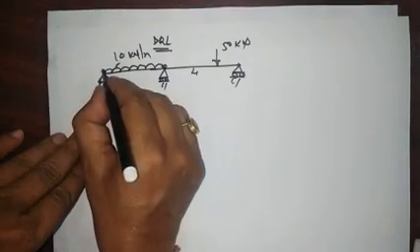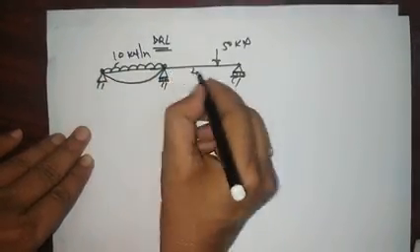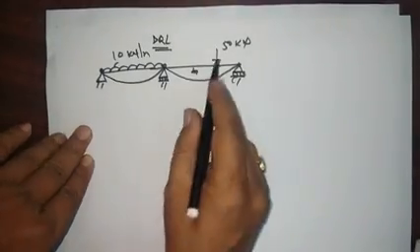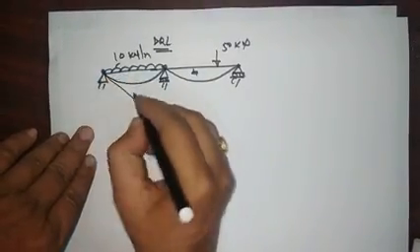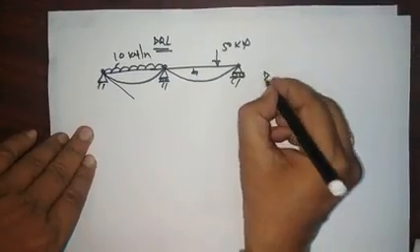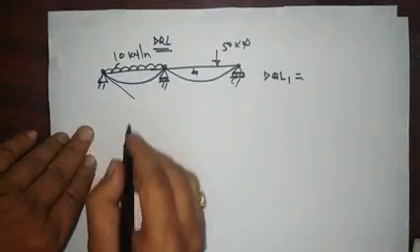Now this is the deflected shape due to the forces. So now we have to calculate the rotation developed at 1, that is the dQL, due to this external loading.